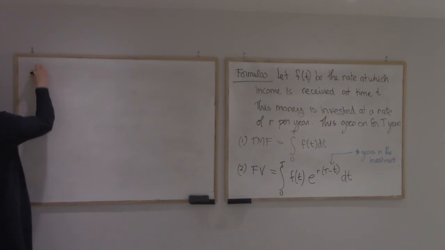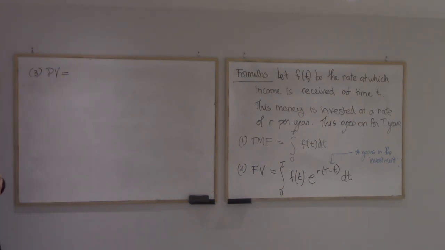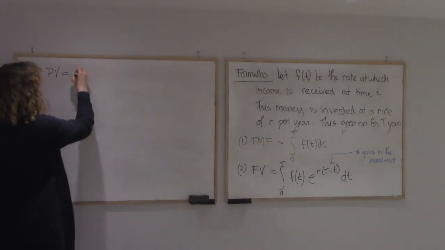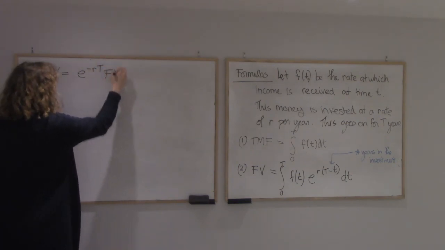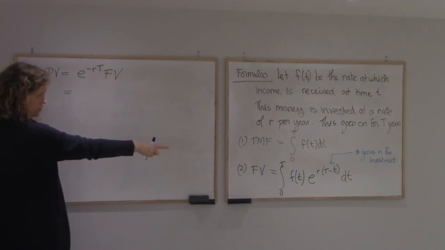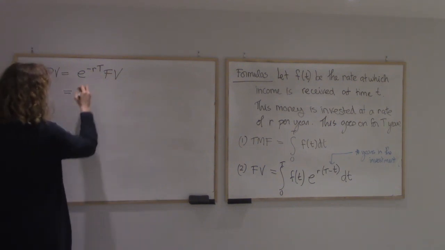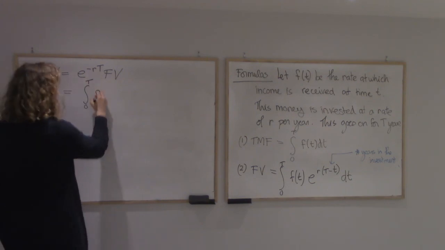And the third, the present value. Well, we already isolated it in the equation. What we got is always true, so it's e to the minus rT times the future value. But we can actually bring this into the integral, and what we'll get is that the present value is the integral of f of t times e to the minus rt.